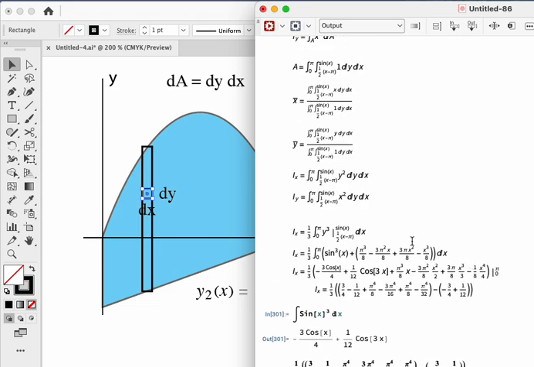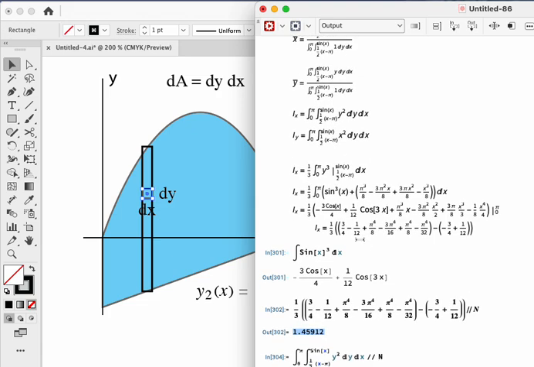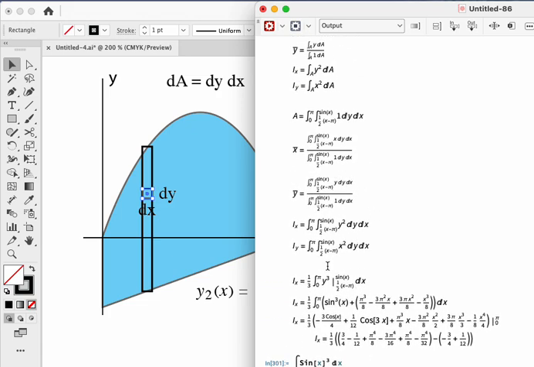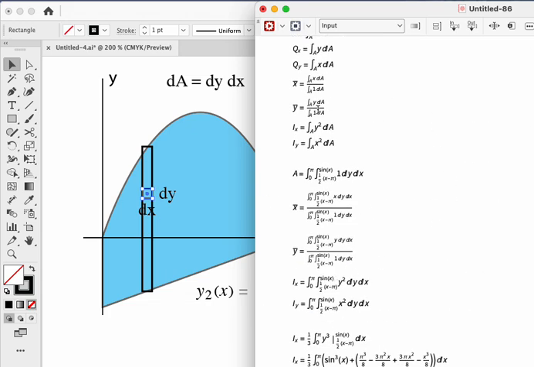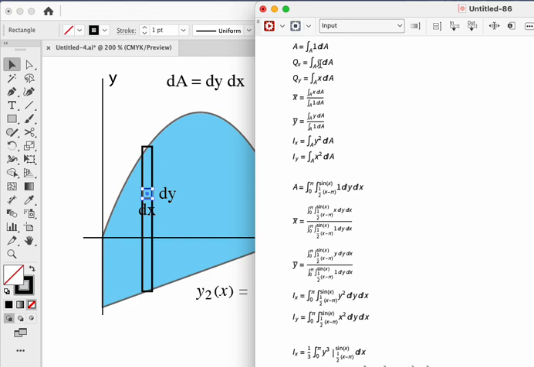If I wanted to do Iy instead of Ix, all I would do is take this and put an x there instead, and that's what that is. If I want to do the centroid, then I would do this divided by this, but replacing that with just a 1. So that's going to be Qy divided by the area.